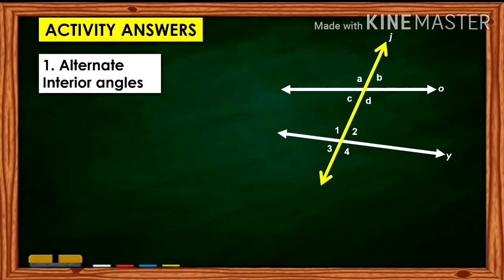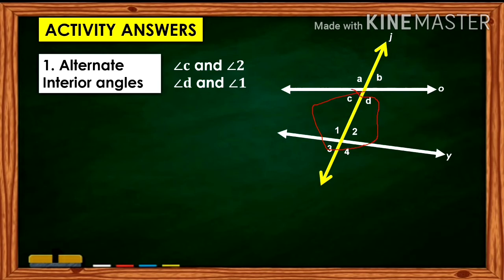For alternate interior angles, we have angle C and angle 2, angle D and angle 1. They are alternate interior angles here. So let's have color. So here one. Here is the alternate interior angles.